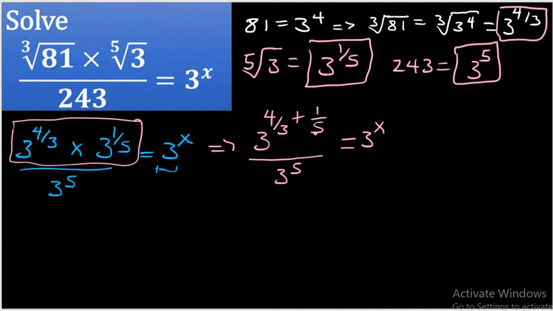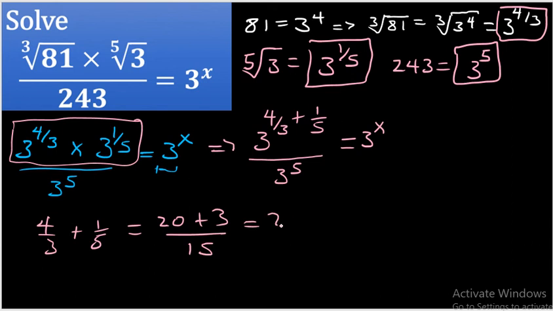When you add these two numbers, 4 over 3 plus 1 over 5, you can apply crisscross: 4 times 5 is 20, plus 3 times 1 is 3, the whole over 3 times 5, which is 15. So it is 23 over 15. This is the whole exponent of 3 in the numerator.